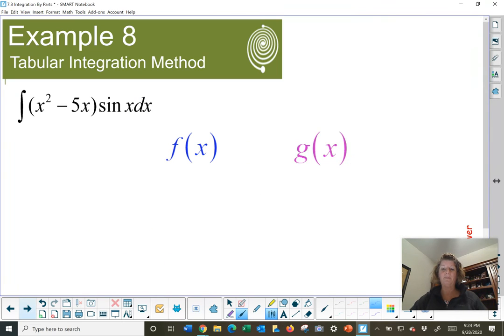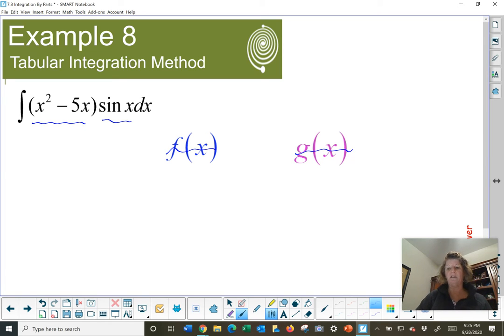Let's try another. Do I have a function whose derivative will eventually go to 0? Yes. This will eventually zero out, so it's algebraic. The other function is really easy to take the integral of. So I've got two functions, f and g.